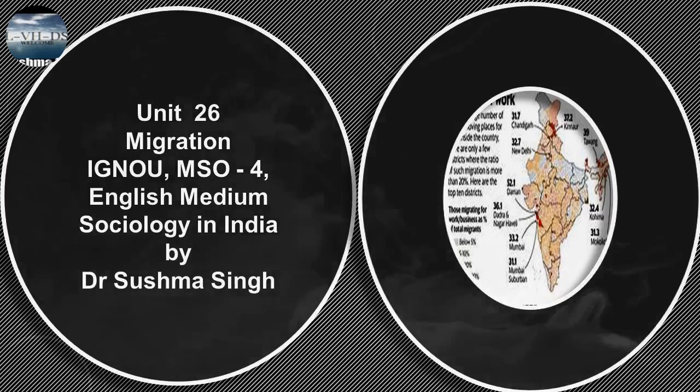The green revolution areas in Punjab and Haryana have a high demand for labor. This labor is available in relatively underdeveloped regions of northern India such as eastern Uttar Pradesh and Bihar.